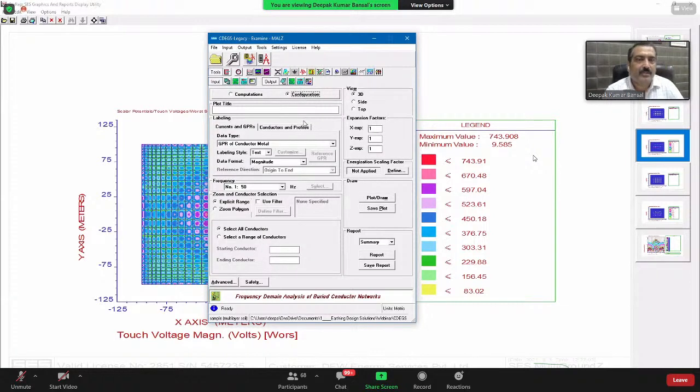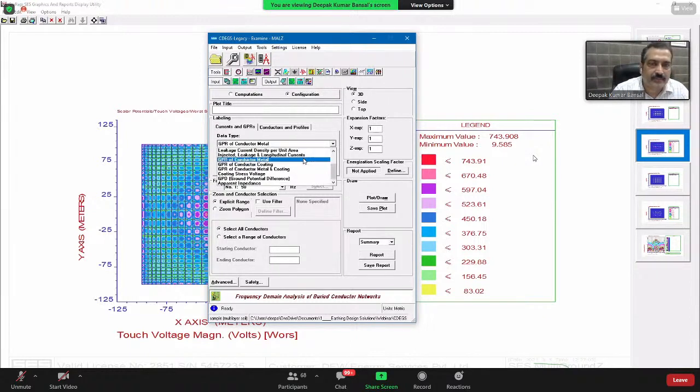Now, there are a few more things basically. That is the GPR of the conductor metal, which is also very important, because touch voltage depends on two things.